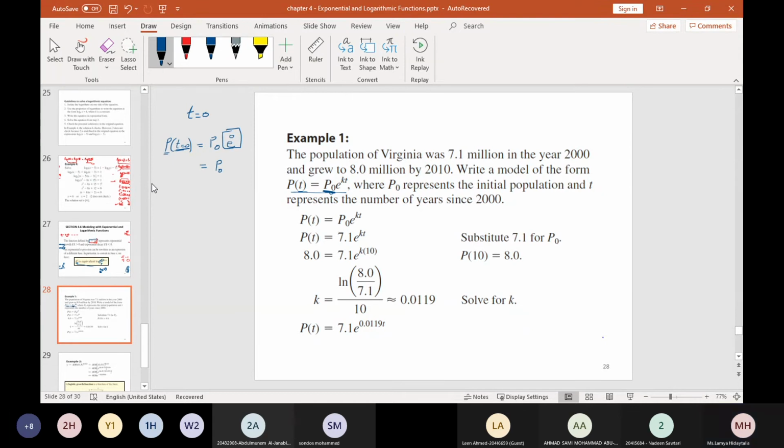Okay, at a certain year you treat it as when t equals 0. Then P naught represents the initial population and t represents the number of years since 2000.